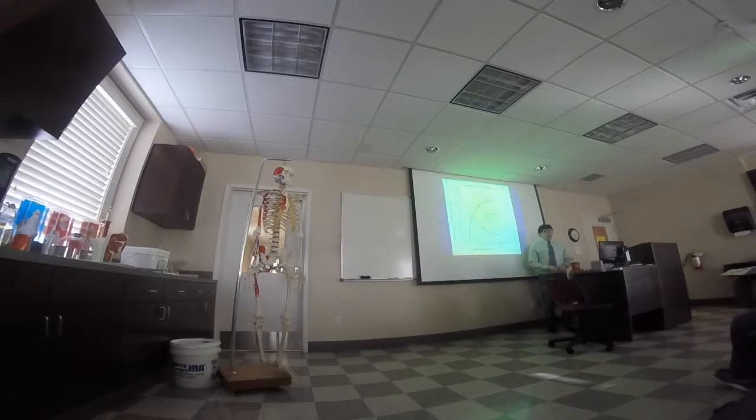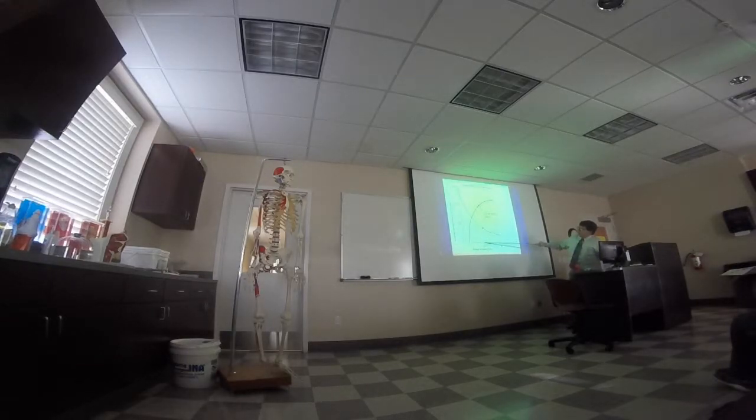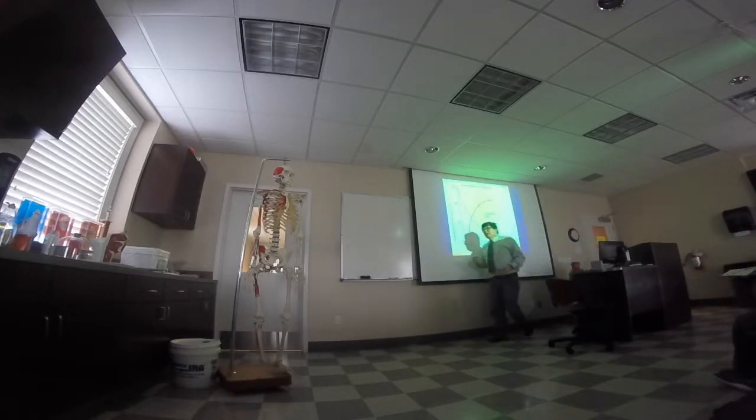Now, at normal ventilatory rates, if we have a minute ventilation of 4 liters per minute, which is normal, which is average, then the alveolar PO2 is around 100. The alveolar PCO2 is around 40 at normal ventilatory rates.